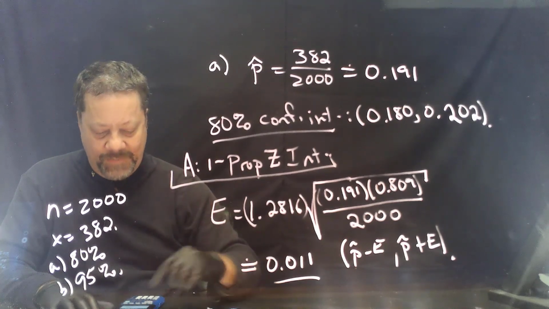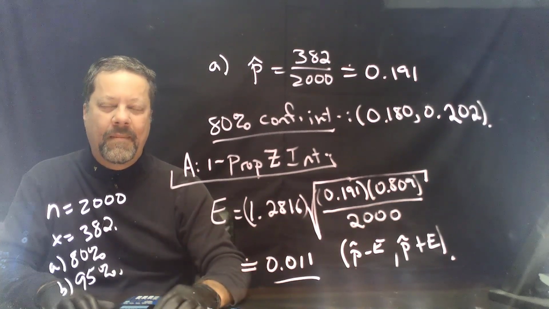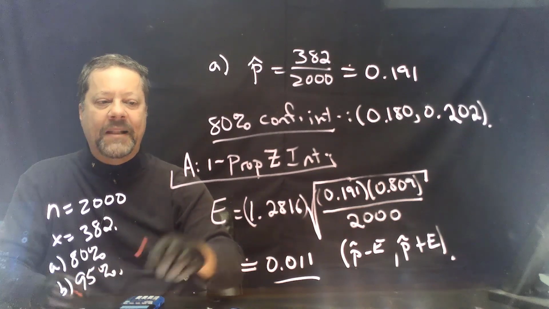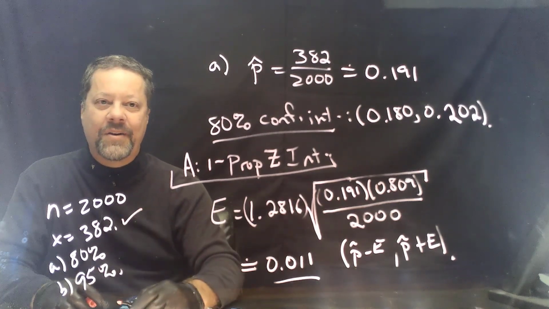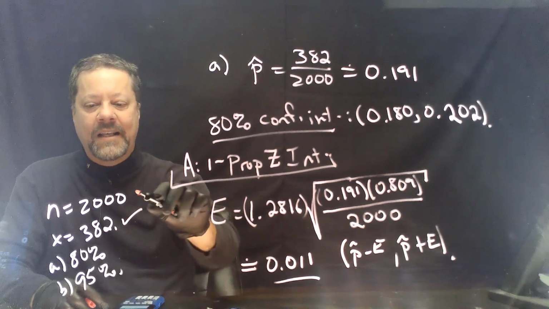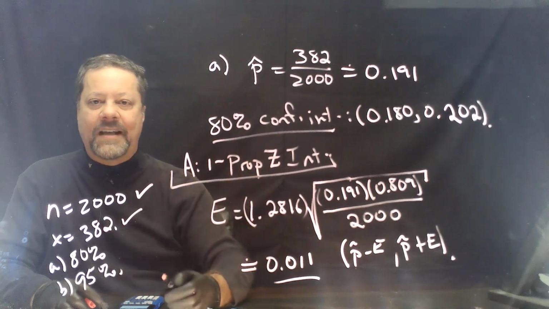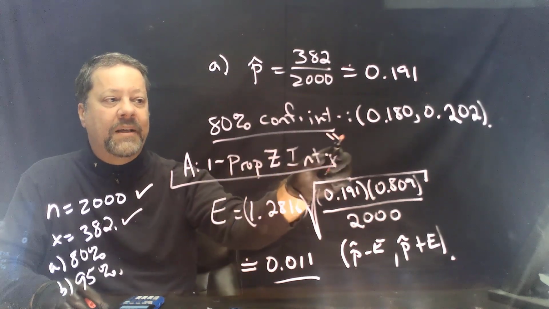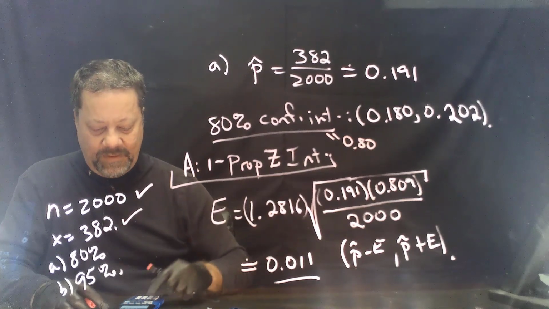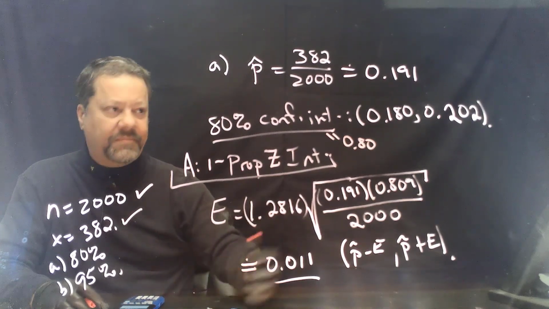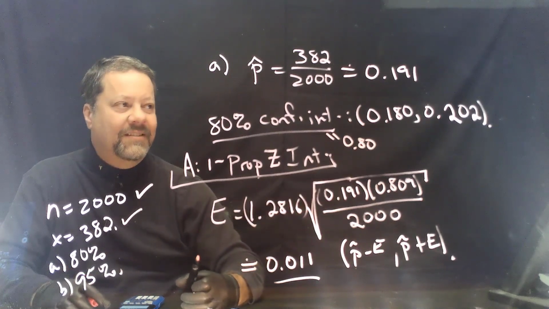For now, just type in 1 proportion z-interval, and it gives you the ability to enter the x value, 382, the n value, 2,000, and your confidence level, which is going to be 0.80. Hit calculate, and it will produce the same interval, rounded to this level.